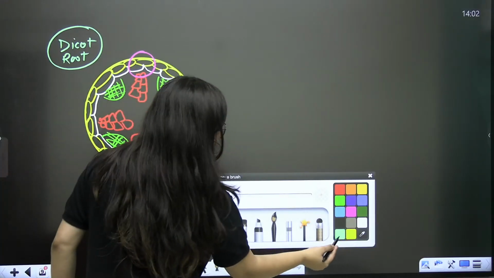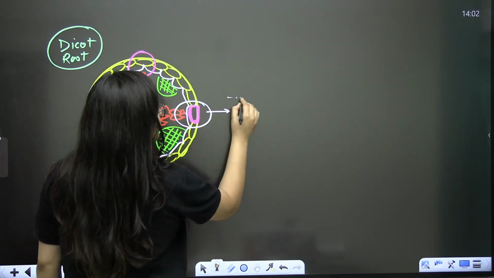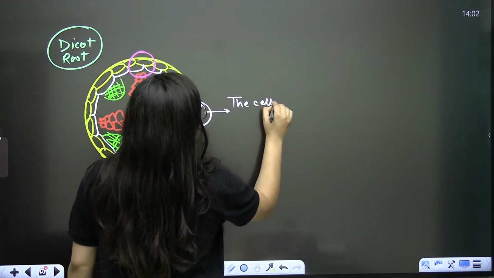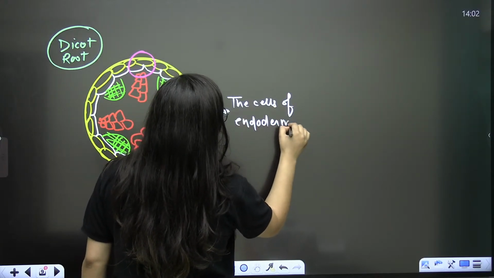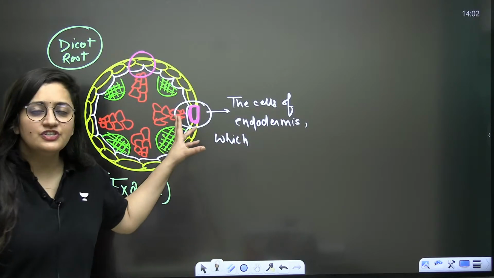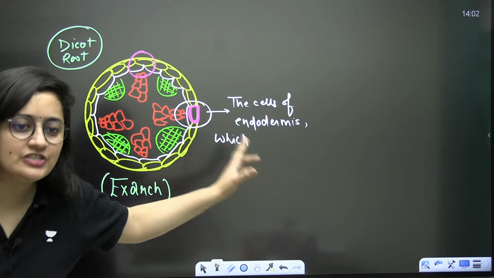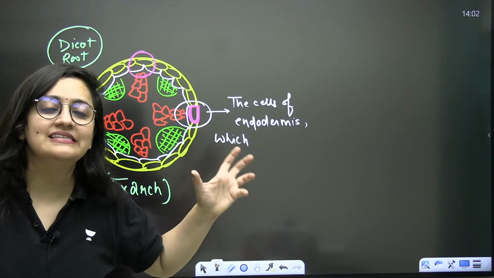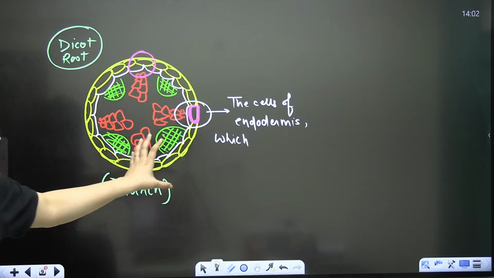The cell of endodermis which is just near to this protoxylem is the passage cell. It doesn't contain the Casparian strips.